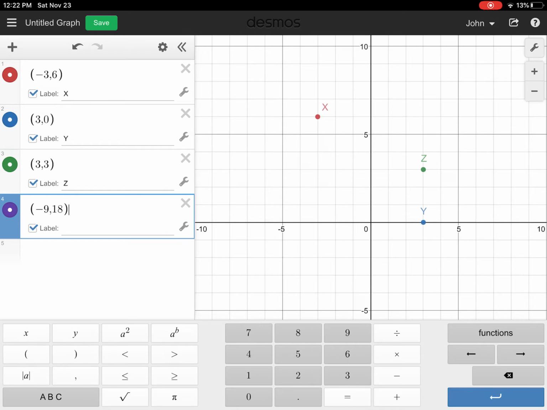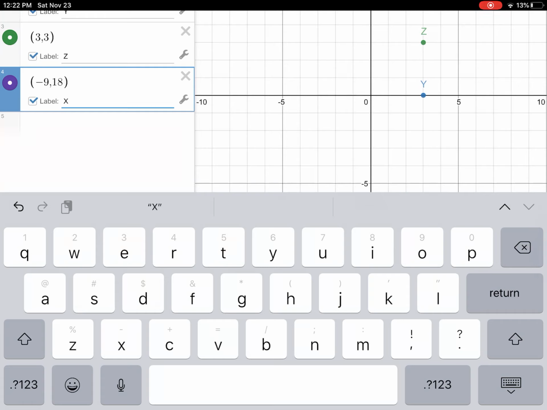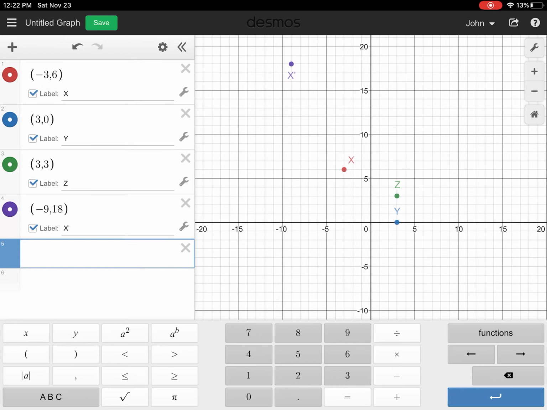And I want to label that as x prime. Okay, and does it show up? I need to probably blow out a little bit.